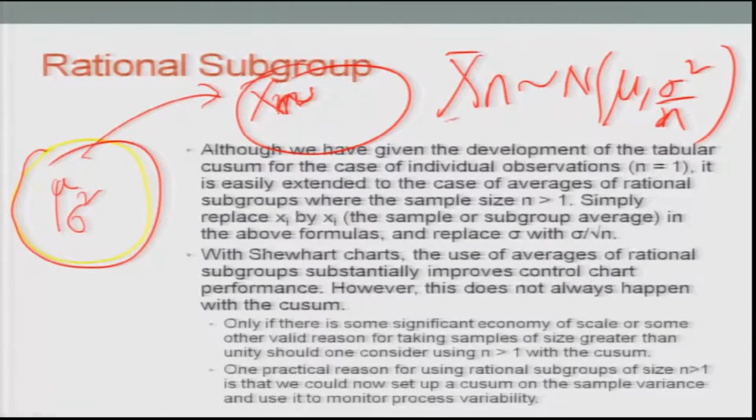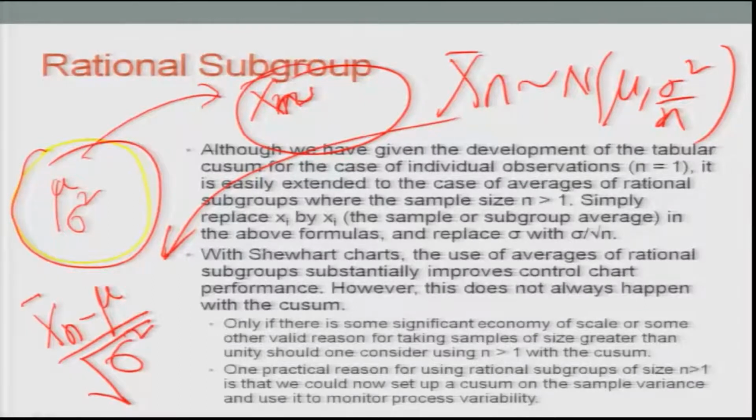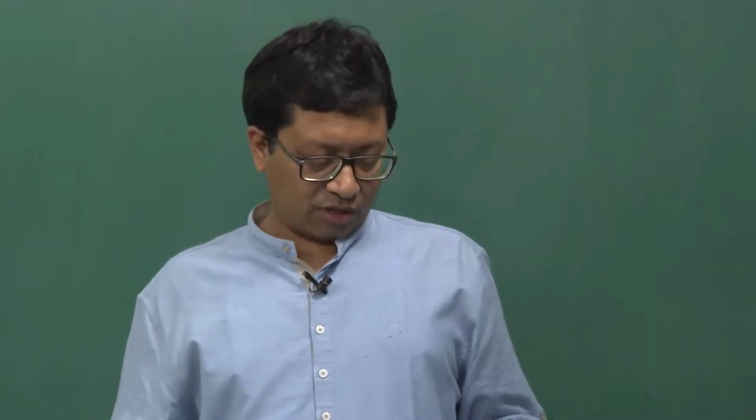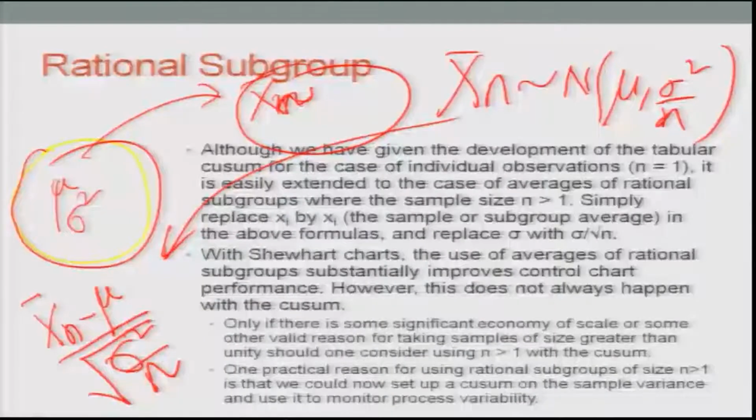So, when we are trying to draw the standard normal deviate for x bar n, it will be x bar n minus mu divided by square root of sigma square by n, because this would be the corresponding standard deviation of the random variable which you are trying to analyze. Here the random variable is x bar n. So, we will do the calculations and find out this value, which I am going to highlight with the yellow color.